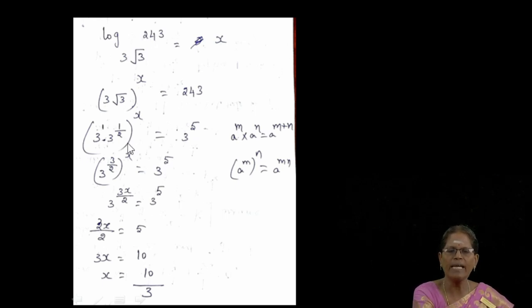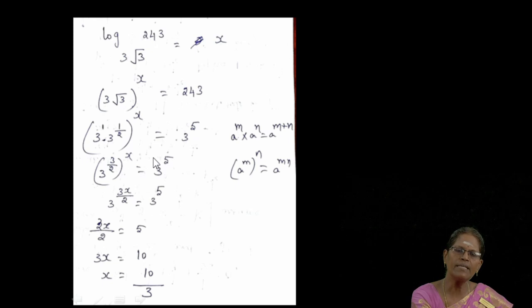Now what is 3? 3 can be written as 3 to the power 1 and root 3 can be written as 3 to the power half, 1 by 2. So again it is in the formula of a to the power m into a to the power n. So I am adding these two, we are getting 3 to the power 3 by 2.